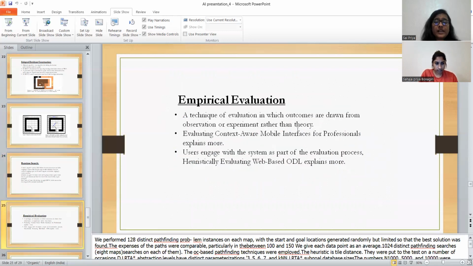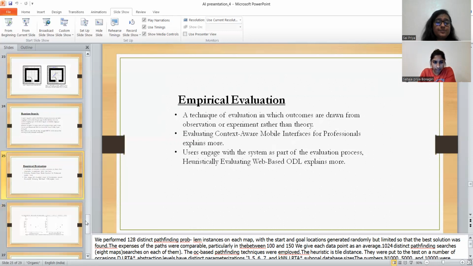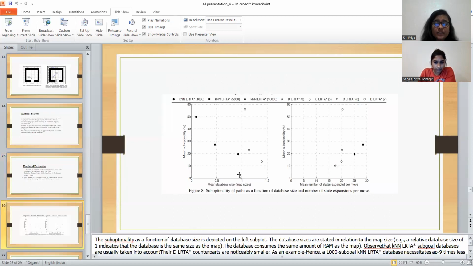Coming to the empirical evaluations, empirical evaluations is the outcome drawn from the theory of experiments, and limited best solutions were found, and particularly between 100 to 150, we have to give an average of 1024 distance pathfinding search algorithms. These are heuristically valid web-based OLBs, and this is the database size, number of states, expansions per move.